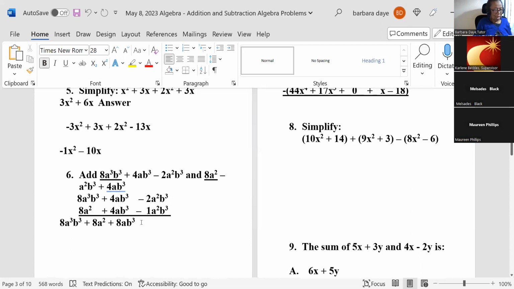Now when we add the negative, what do we get? A negative. That's right. So what would be the coefficient? 3. That's right. Negative 3.